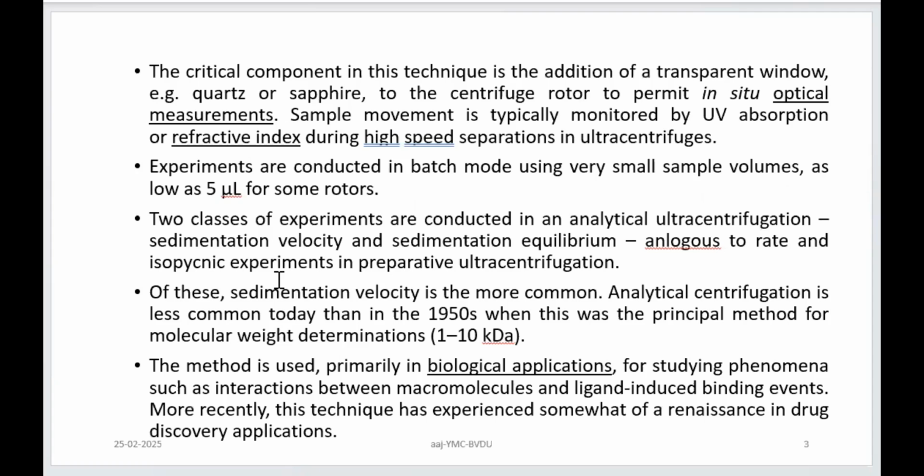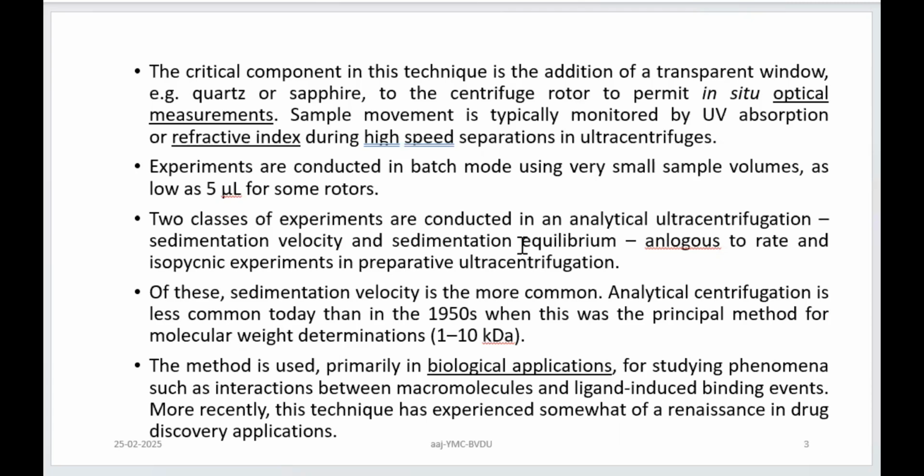That is a concern. So surely there is a transparent window made up of quartz, for example, which is attached to the centrifuge rotor, and it is going to help to characterize the molecule or analyte under study with the help of instruments which are based on optical principle. So optical measurements are done.